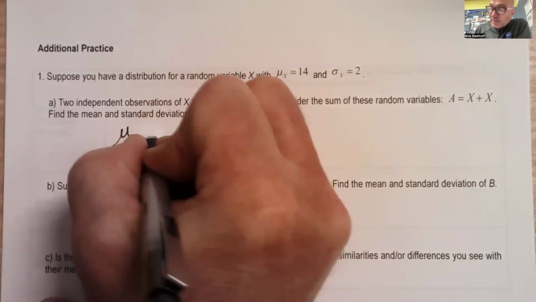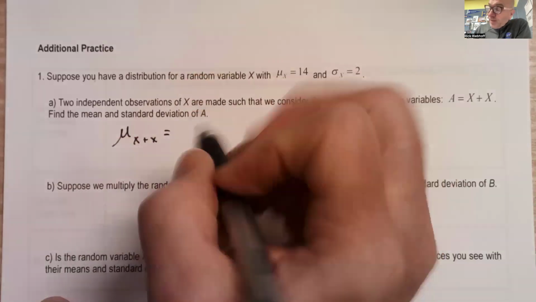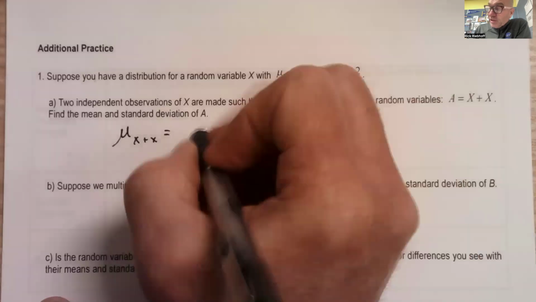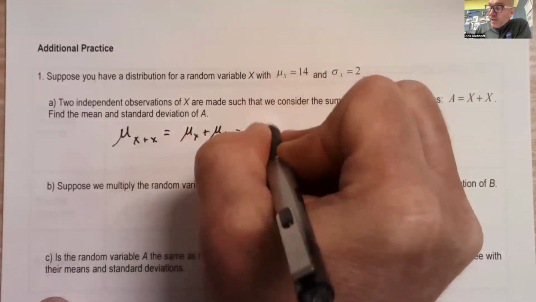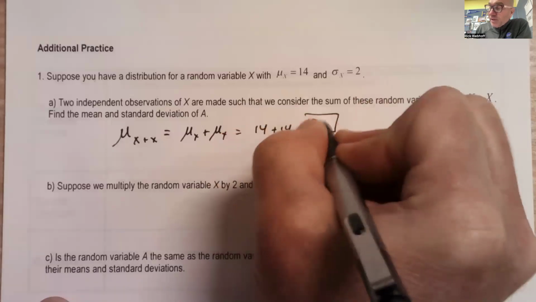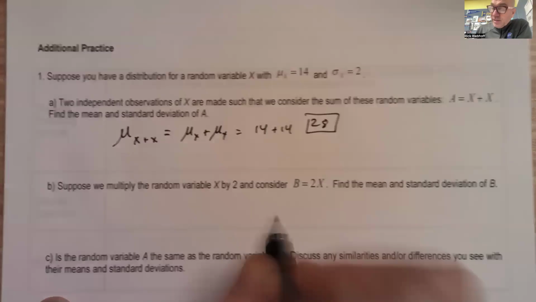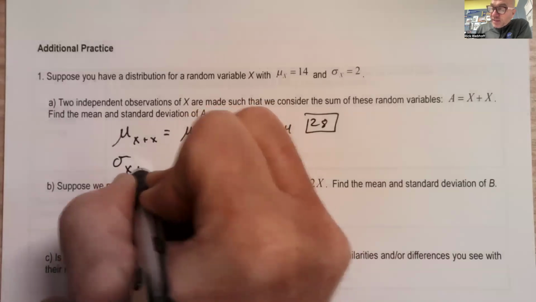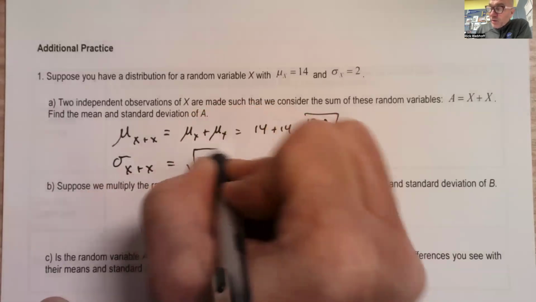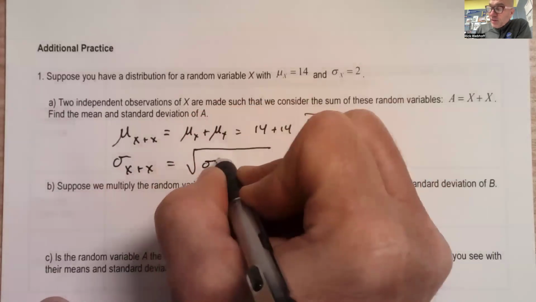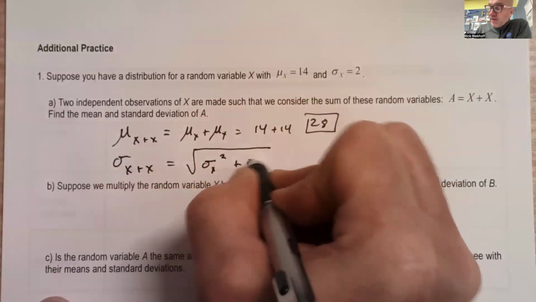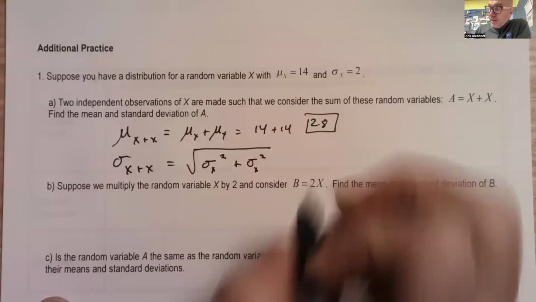All right, here we go. The mean of X plus X is equal to the mean of X plus the mean of X, so we get 14 plus 14. On average, it's going to be 28, whatever the units are. The standard deviation of X plus X is going to be the square root of the standard deviation of X squared plus the standard deviation of X squared.